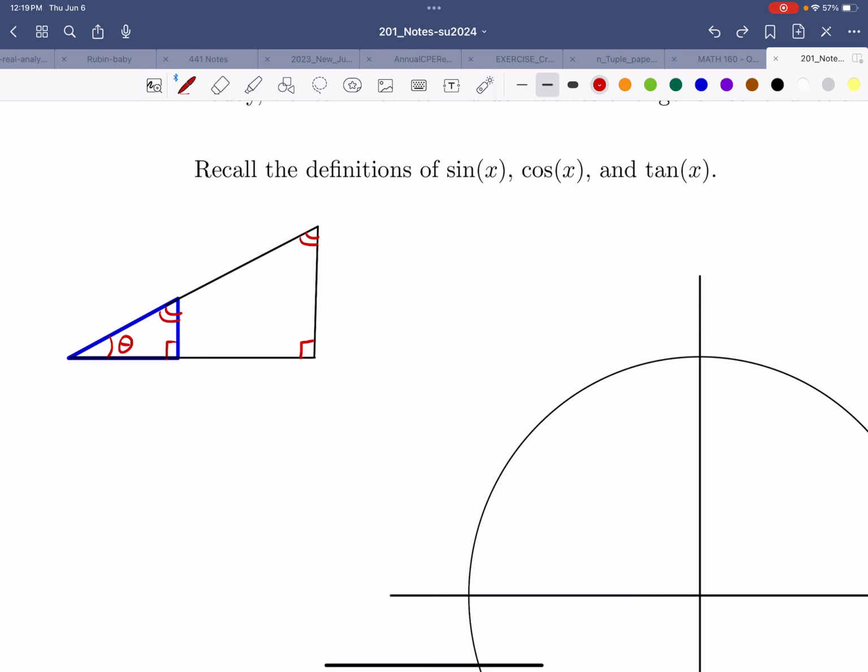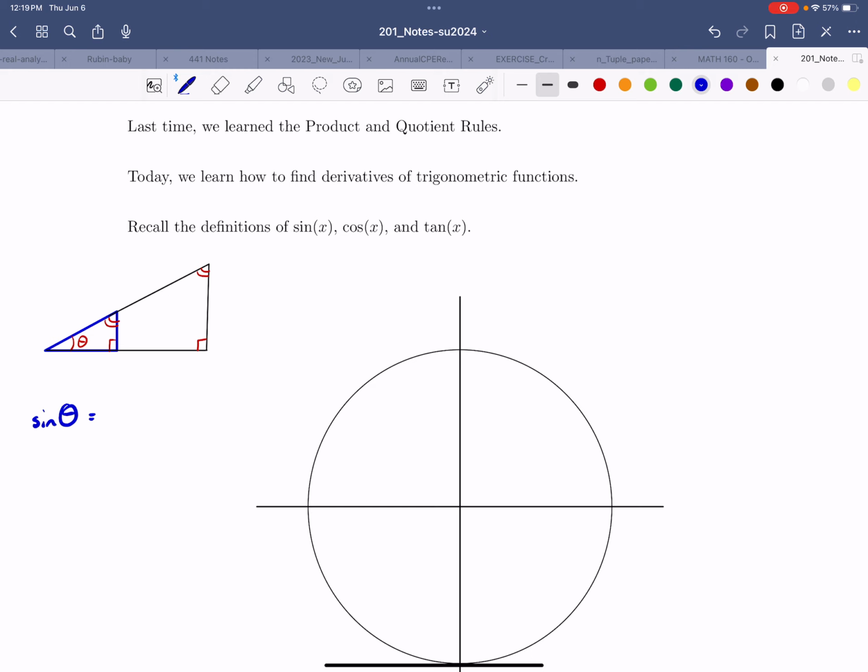So for that reason, we can define the trig functions sine, cosine, and tangent. Remember, sine of theta is, let's zoom out a little bit here. So we'll define sine of theta as follows: if this is our angle theta, this is the side opposite of theta, this is the side adjacent to theta, and this is the hypotenuse, then sine is defined to be the opposite length over the hypotenuse length.